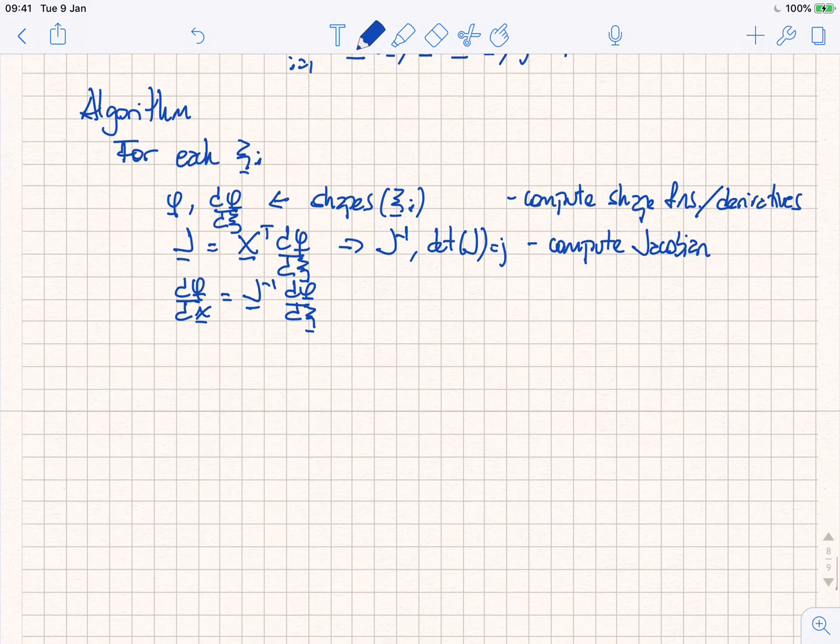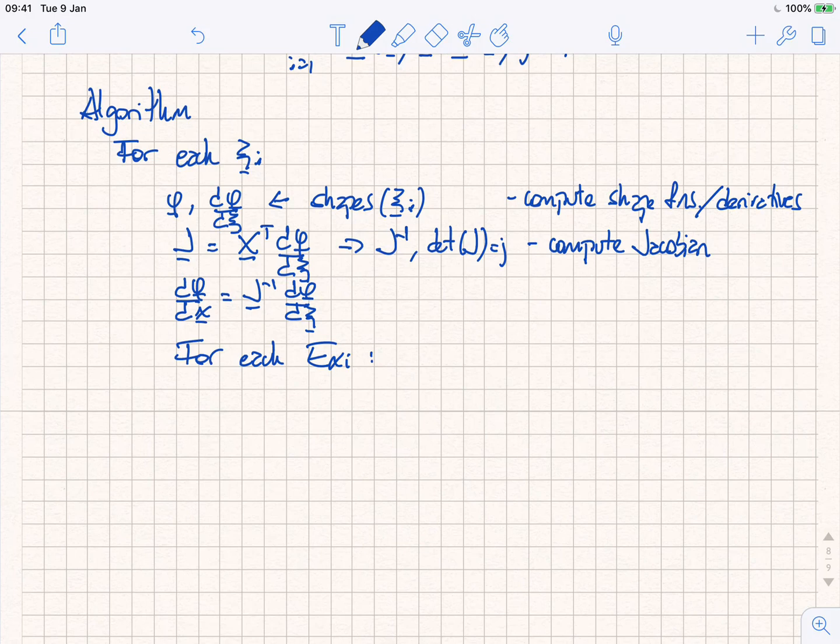But now we start to think about the enrichments. So what we do, we have a loop over enrichments, and we're going to call this E alpha I. So E is going to become my symbol for an enrichment function.